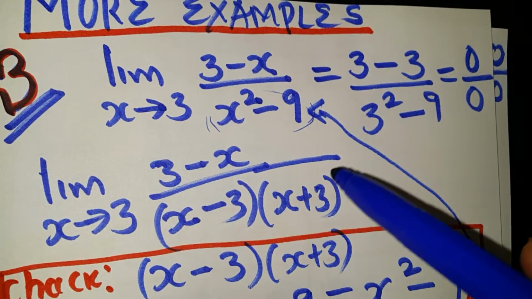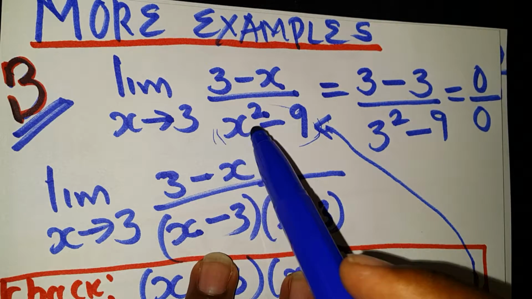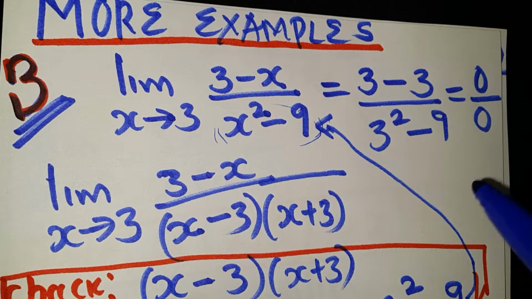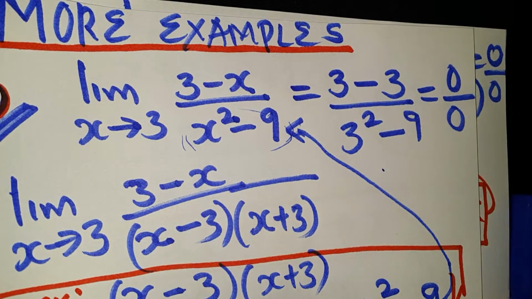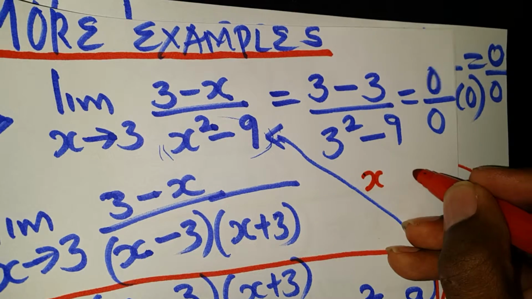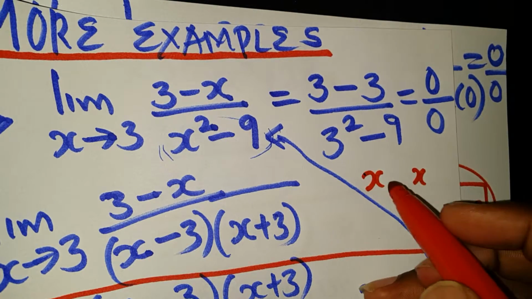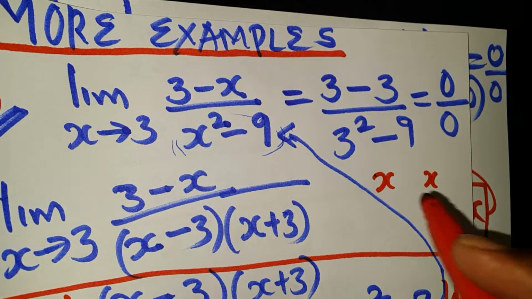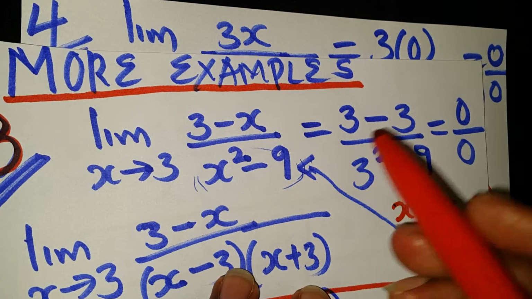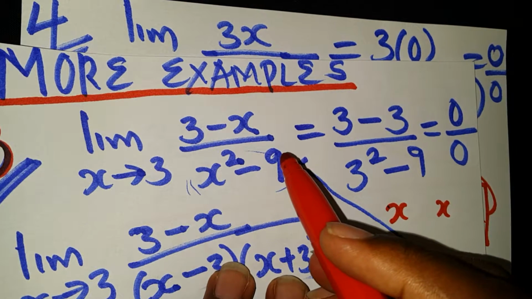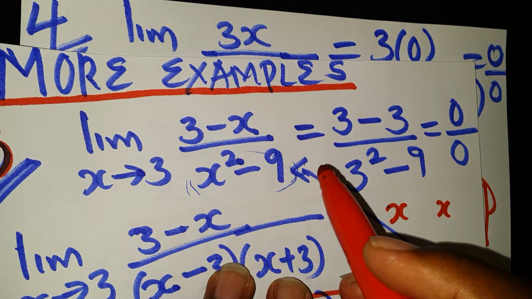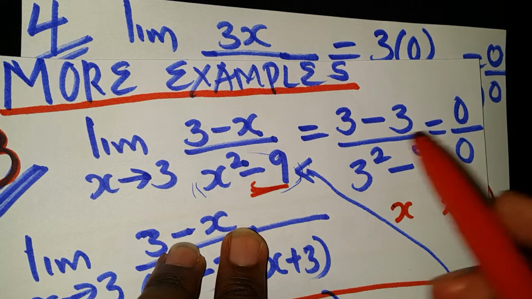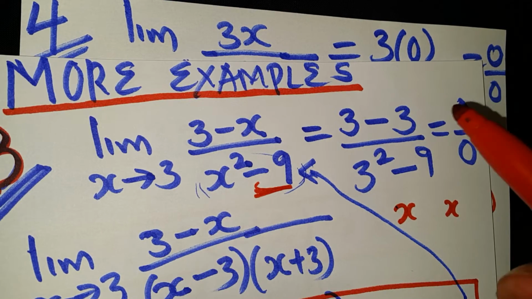Like here, I know that to find x squared, I need to have x and also x. I know that I will surely have x squared there. Now, what you have to do is look for two values that, if you multiply those two values together, you will obtain this answer here, which is -9. So let's try.